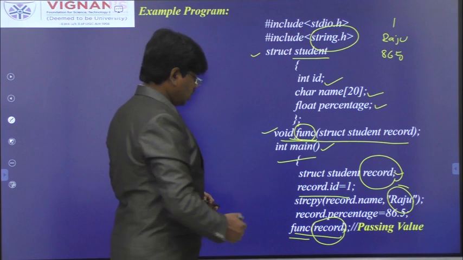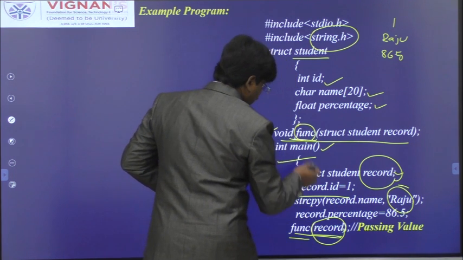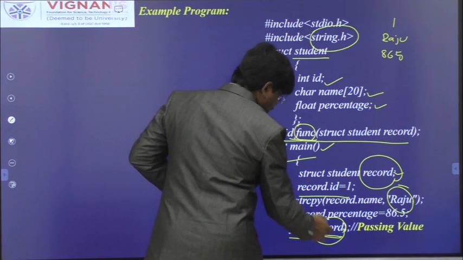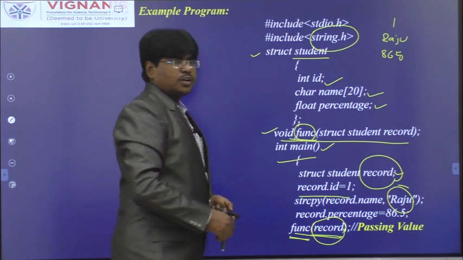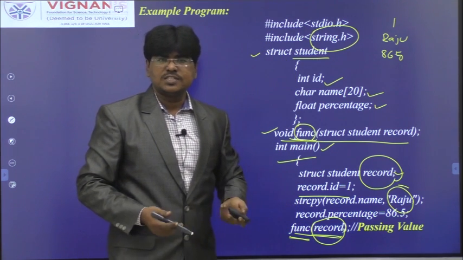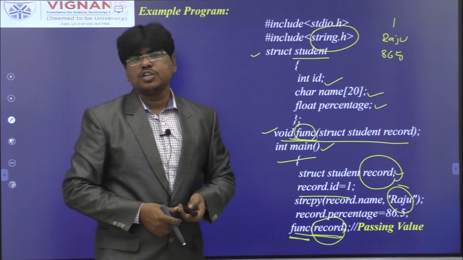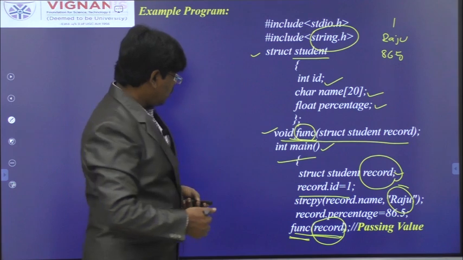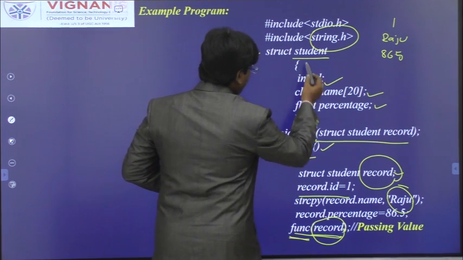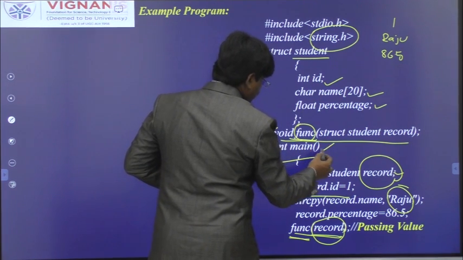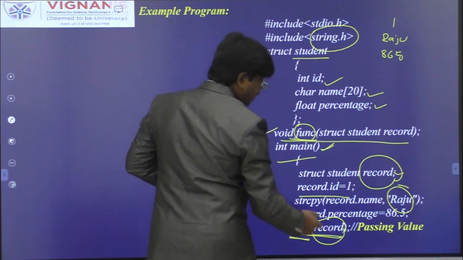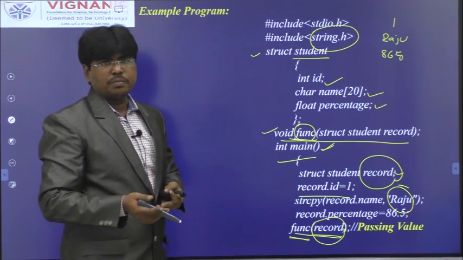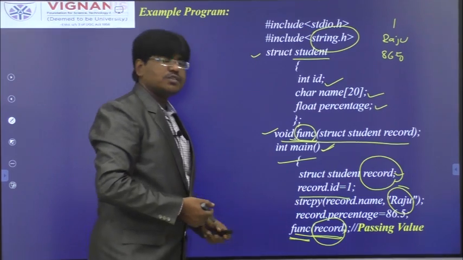You have to understand this is a very important point. Here the main function is passing a structure variable to the user defined function func. So the main function is passing the structure by value. Indirectly, all the structure members are going to be passed to the func function.